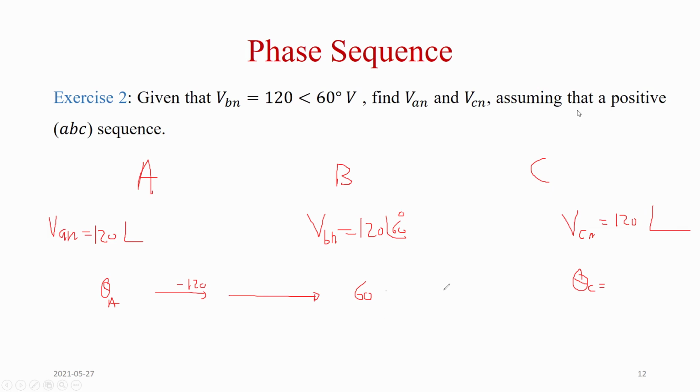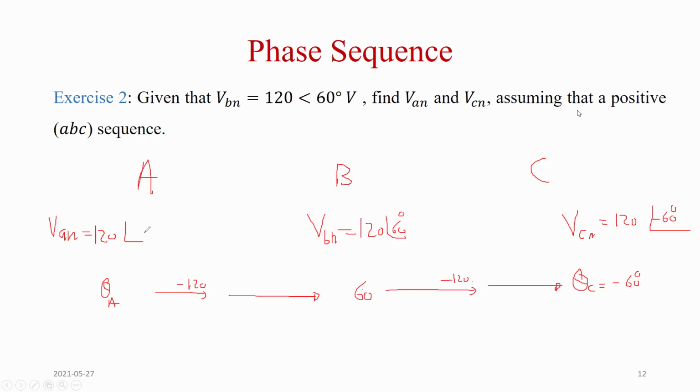If I subtract minus 120, it should give me theta C. So 60 minus 120, the angle here is minus 60. Right? 60 minus 120 is minus 60. So this is minus 60.